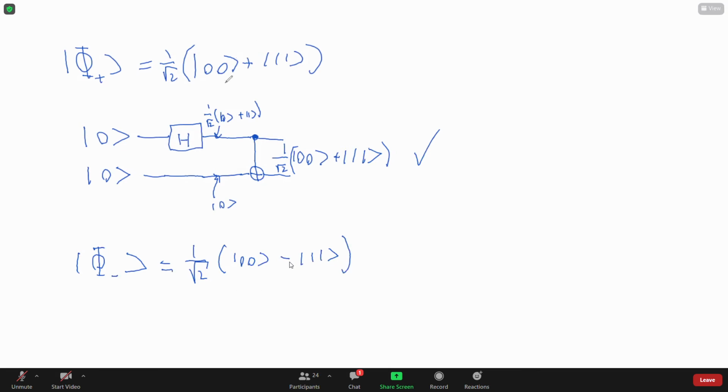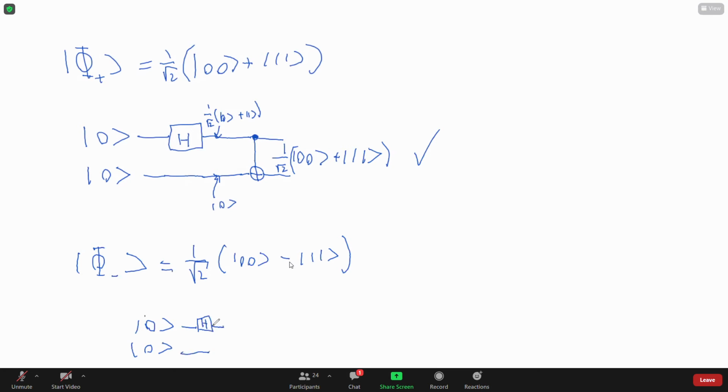We also know an operator that makes a plus into a minus. That's the Z gate, right? So it turns out that now we can write this almost exactly the same way. We start with this 0, 0 state here, and we start with the Hadamard.